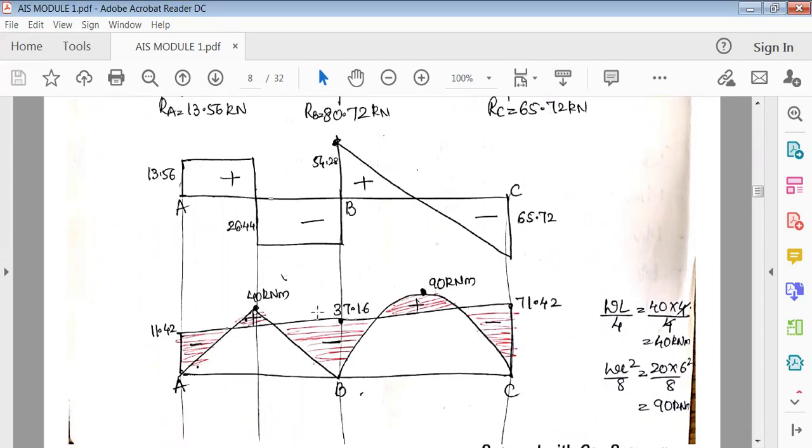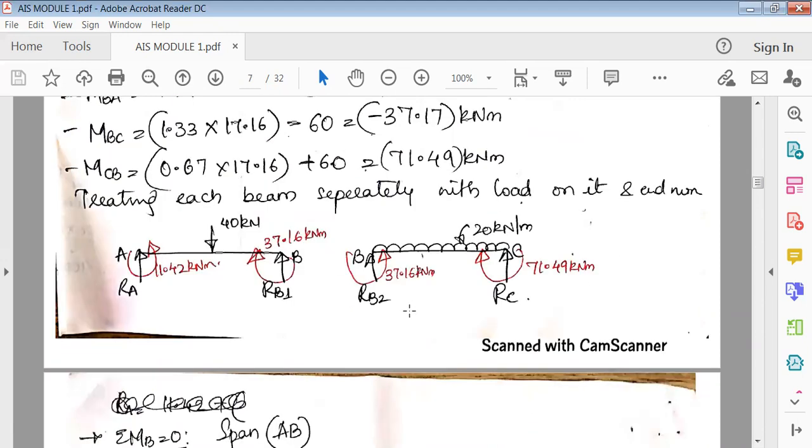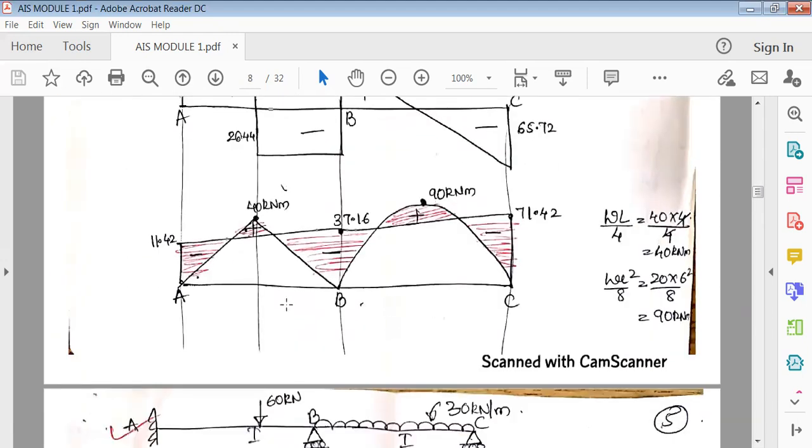At B it is 37.16, and at C it is 71.42. Always show these exactly above the joints. So at A it is 11.42, at B it is 37.16, and at C it is 71.42. You have to mark this. Then join this line, next this, and finally 71.42. You should draw it at least to some certain scale: 90, 40, 11, 37 and 71.42. Then join this line.